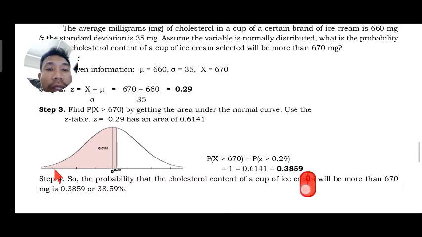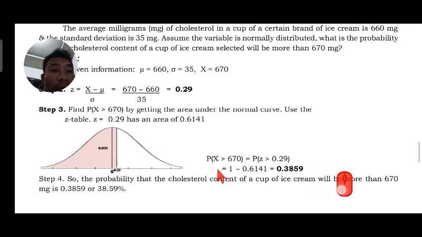So this shaded region is 0.6141, but this is not the probability we want to get, because the probability is that the cholesterol content of the cup of ice cream will be more than 670 milligrams, which is this other region.